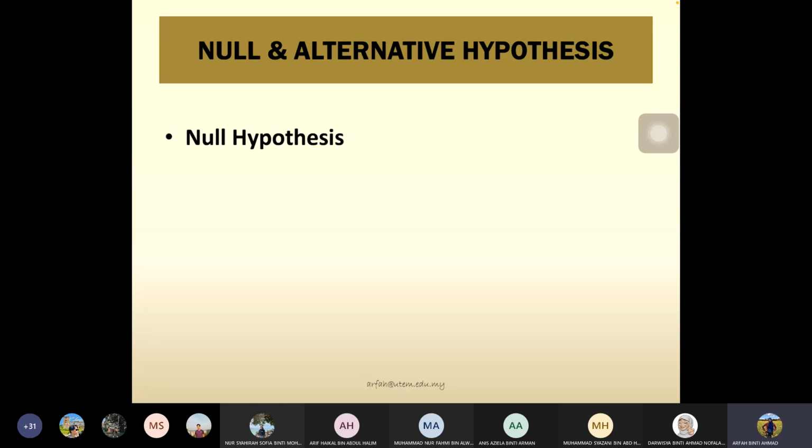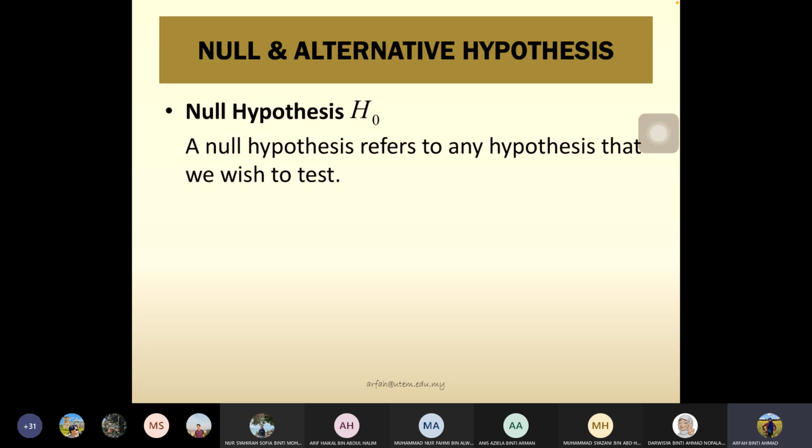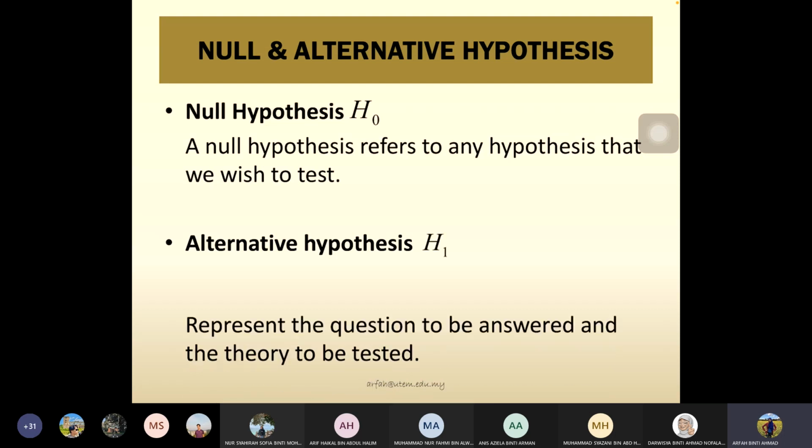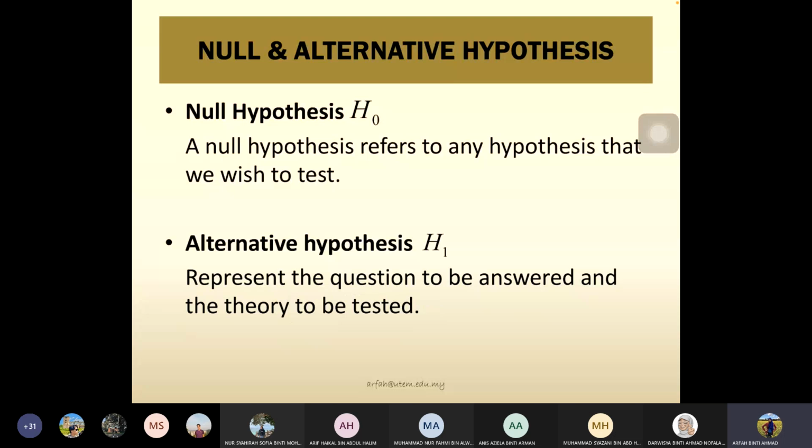For the null hypothesis, we denote it as H null. Okay. A null hypothesis refer to any hypothesis that we wish to test. Sebarang hypothesis yang kita nak test, that is the null hypothesis. And its complement is known as the alternative hypothesis, H1. So it will represent the question to be answered and also the theory to be tested.